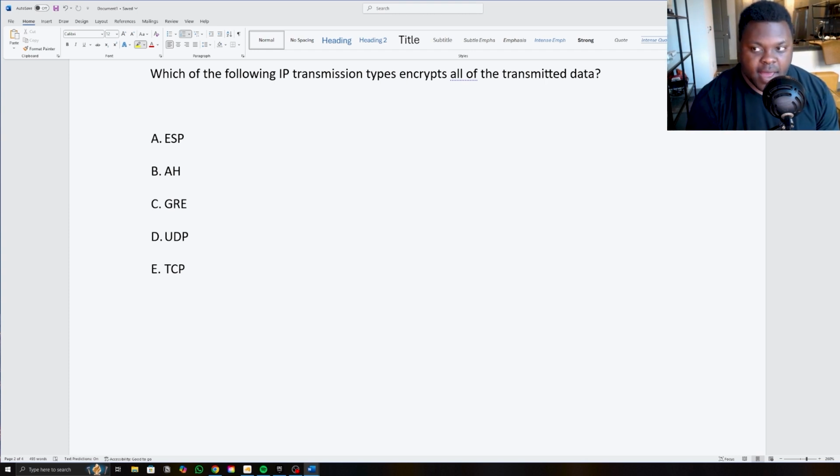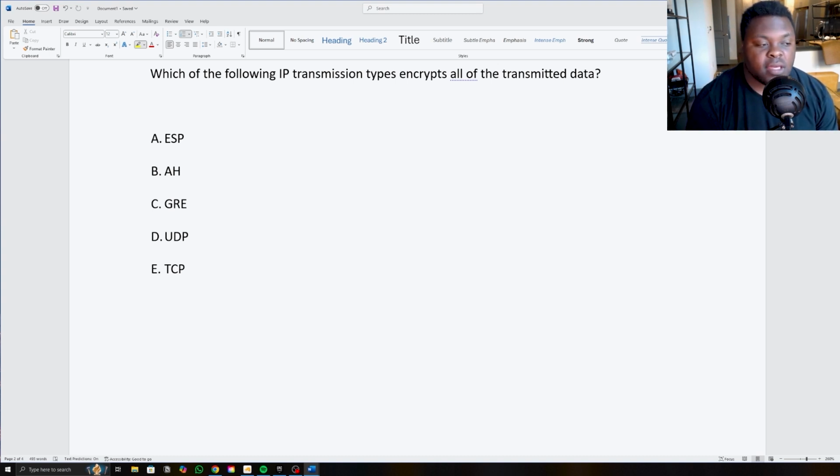This is used to provide CIA, which is confidentiality, integrity, and authentication, and it encrypts payloads. Answer choice B is AH, or authentication header. This provides integrity and authentication, but it does not encrypt payloads.